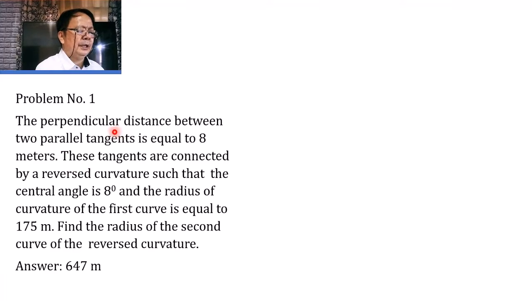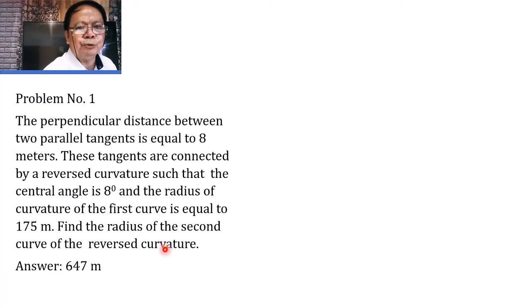It says here that the perpendicular distance between 2 parallel tangents is equal to 8 meters. These tangents are connected by a reverse curvature such that the central angle is 8 degrees, and the radius of the curvature of the first is equal to 175 meters. Find the radius of the second curve of the reverse curve.